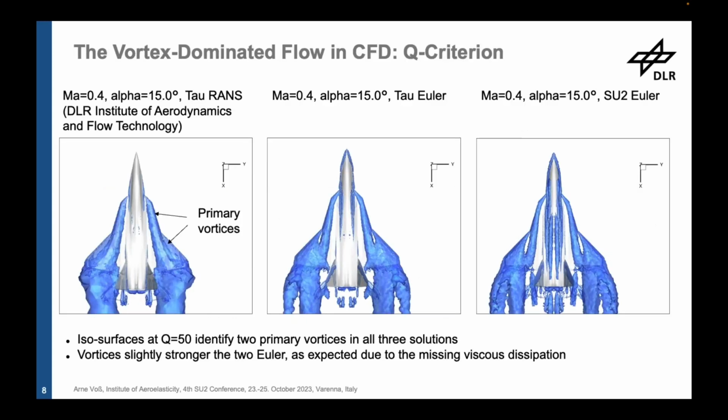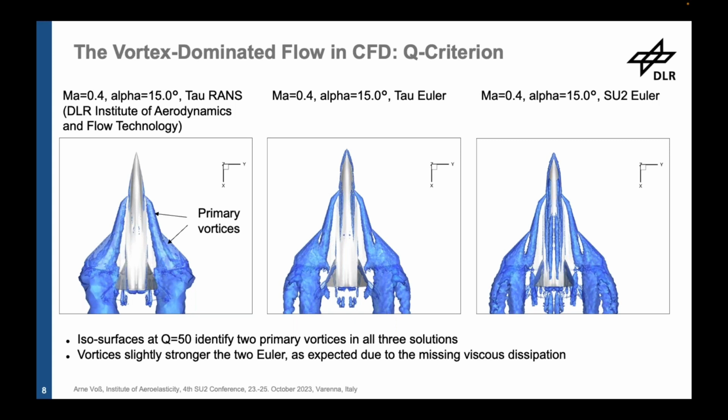Let's have a look at the features of the vortex-dominated flow of such an aircraft. What we can see here is a visualization of the vortices which occur using the so-called Q criterion, which is calculated for the volume solution.